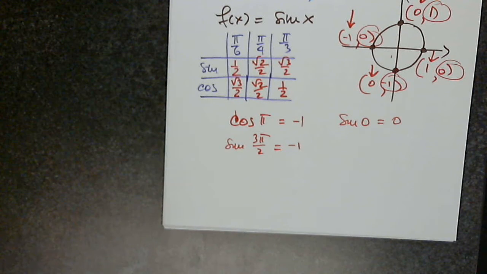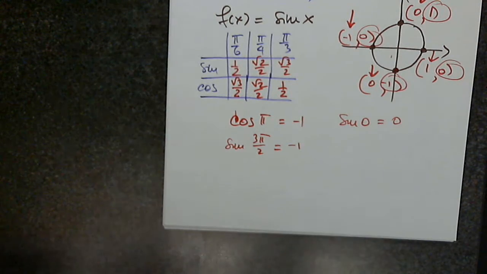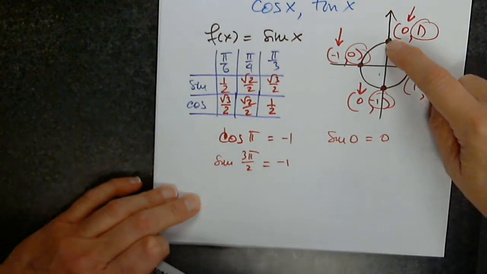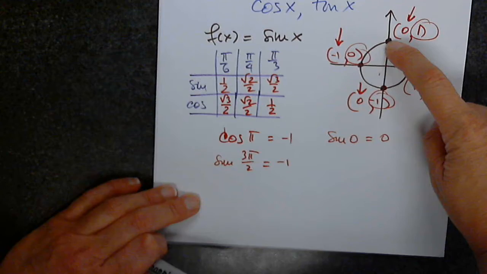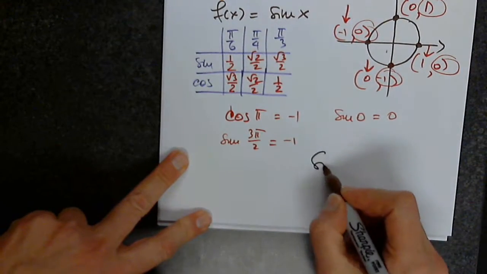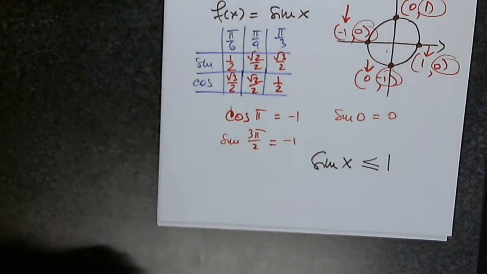I'm saying sine of any angle you want, maximum is how much? 1. No matter where I go around this unit circle, this is the maximum possible number as a result of any sine, of any angle. Right? So then I will say that sine, any angle, cannot be more than 1.